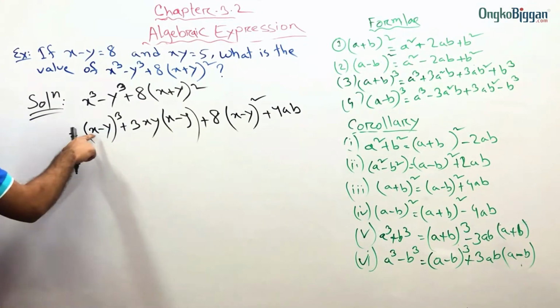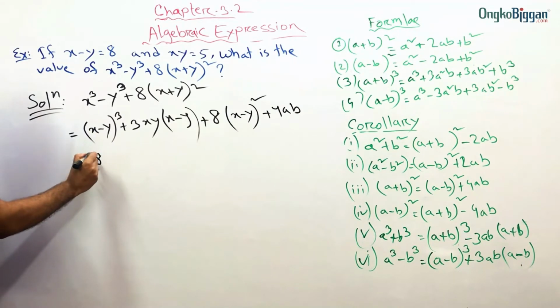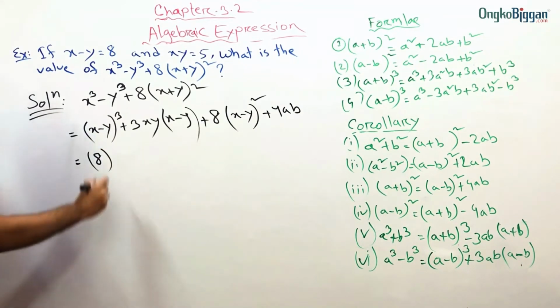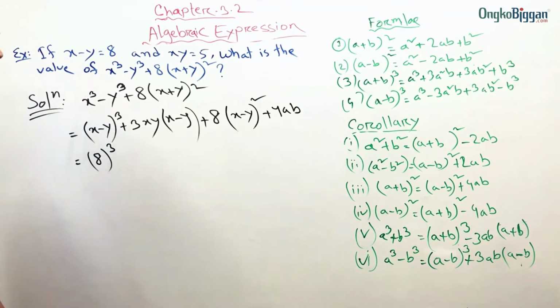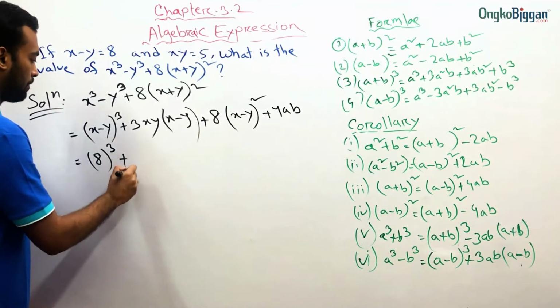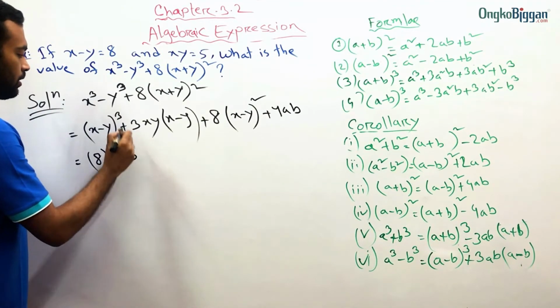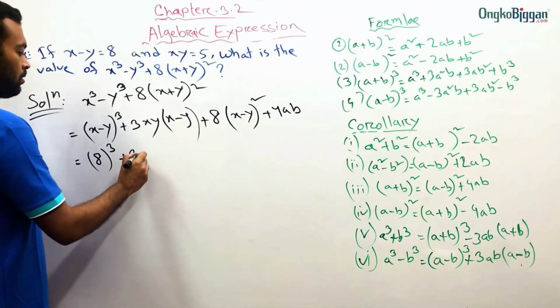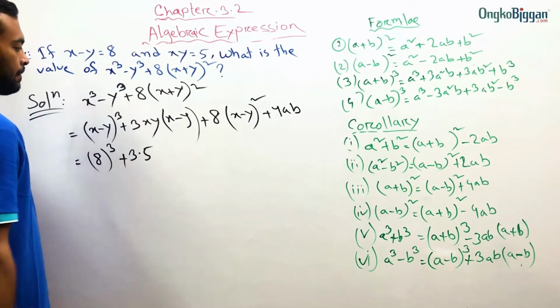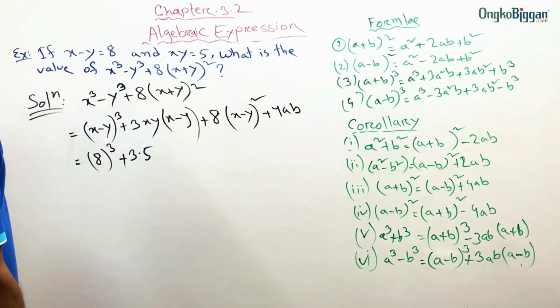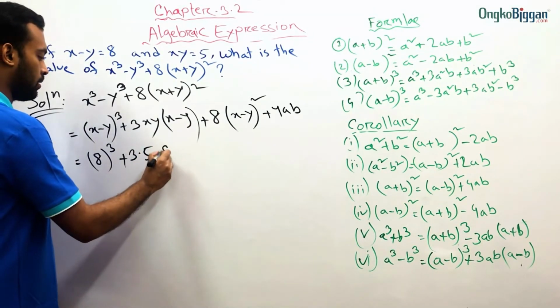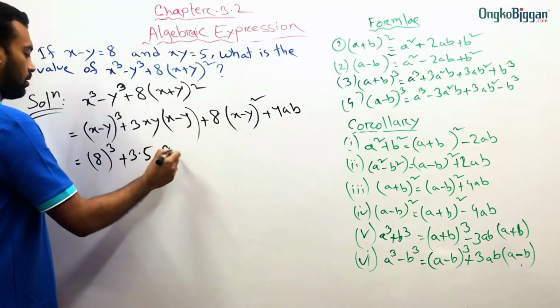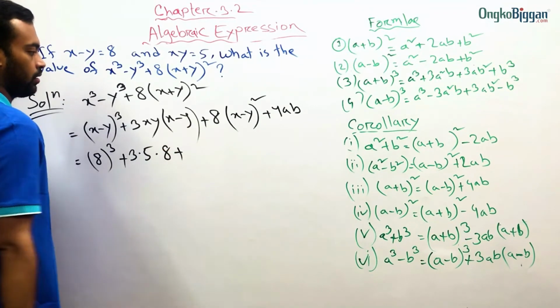Okay, so now we know x minus y is equal to 8, so this becomes 8 cube, plus 3 into xy, which is 5, into x minus y, which is 8. This is multiplication, dot multiplication I'm doing, same thing.